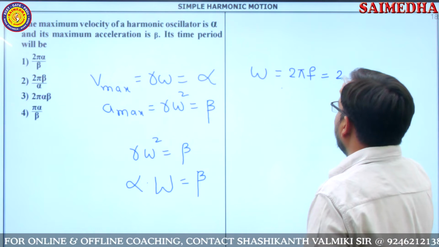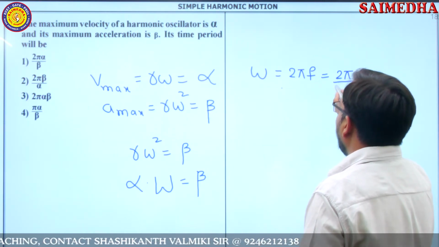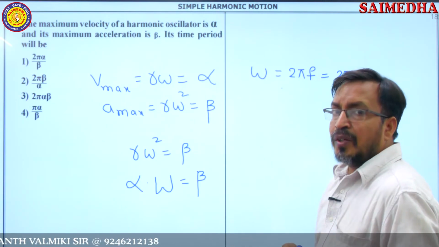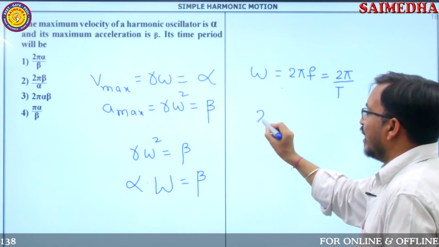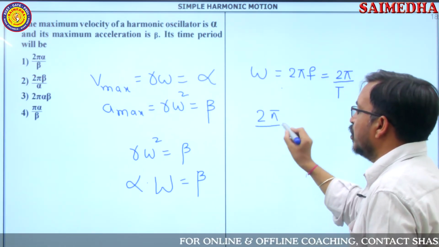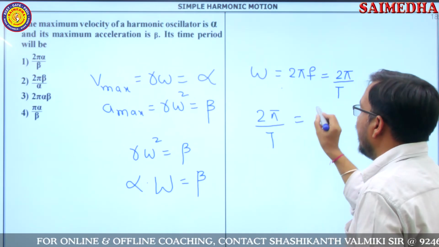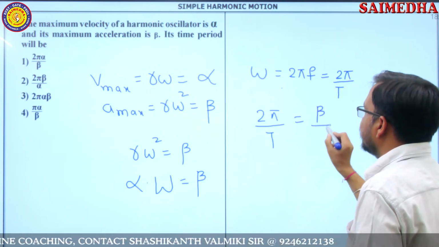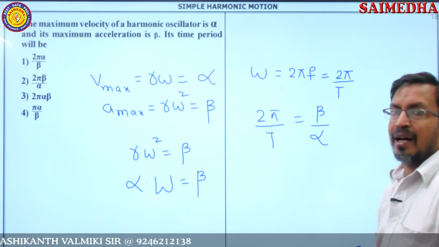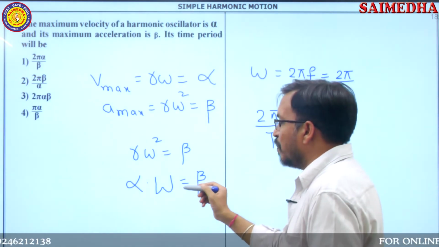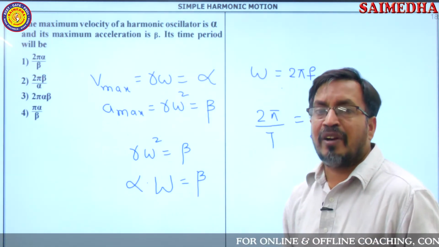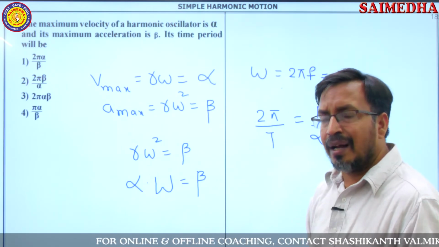Now I am converting into time period: 2 pi by T, that is omega, equals beta by alpha, because alpha into omega equals beta.